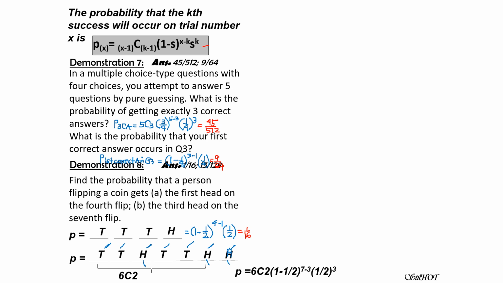So without this formula, by just common sense, it's like arranging these 6 objects taken 2 at a time. The objective is to have these 2 successes before the third success. Then 1 minus s, 1 minus 1 half. Then since before the 7th trial, which is a success, the third success, there are 4 failures. This is probability of failure.